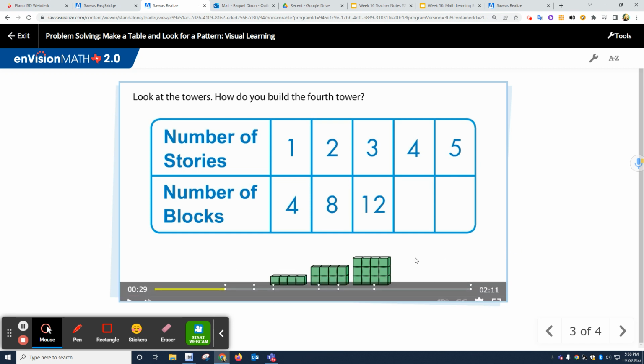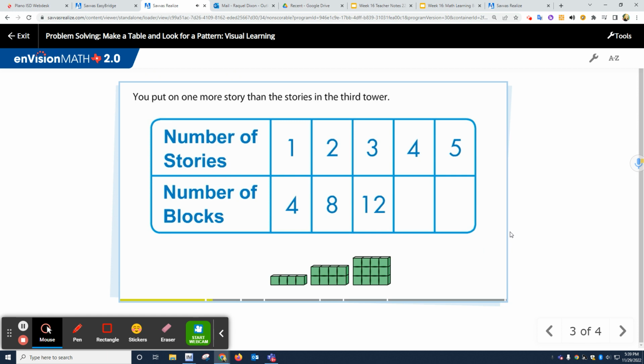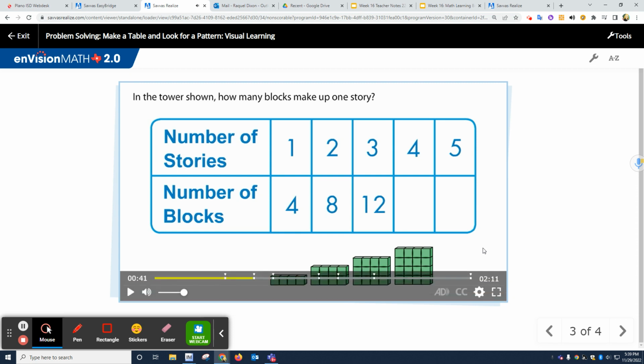And if you remember, in the notebook, we already built the tower, and we built a tower of 4 blocks with 4 rows. Well, you can count and see that it's 4. And this is 1, 2, 3, 4.